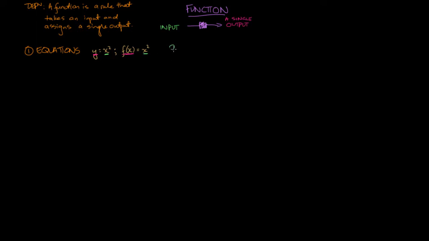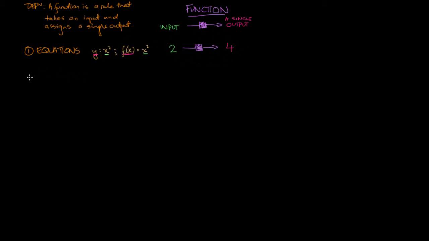What happens when we put 2 into this little box, this rule? Well, it thinks about it for a while, and it goes, what is 2 squared? And we know that 2 squared is 4. So it produces a single output. We put 2 in here and we get 4 out here. This is in and of itself a function.